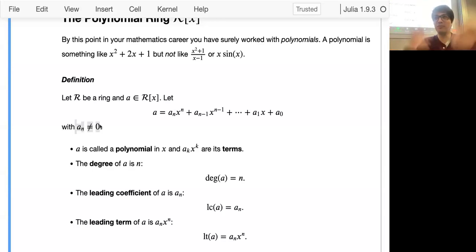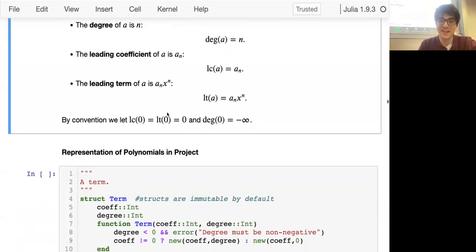We're not really troubled by that, but we are troubled by that if you're implementing this in a computer. So strictly speaking, we don't represent terms that are 0 that are larger than the degree of the polynomial itself. But since 0 is so weird, the leading coefficient and leading term are equal to 0, but we actually designate the degree of the 0 polynomial to be minus infinity. This helps deal with some strange edge cases. So if this ever comes up, you should know.